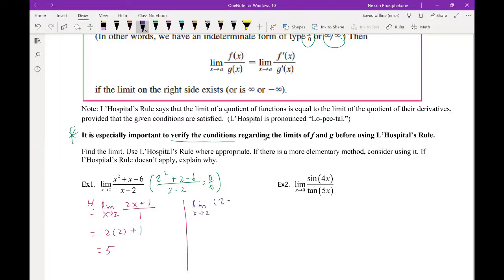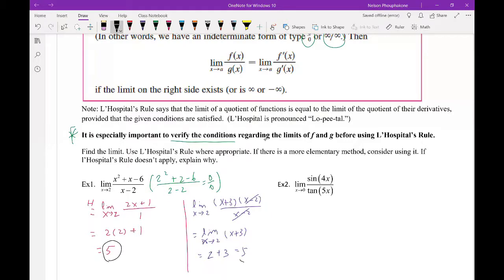So I will have 2x plus 3 and x minus 2 over x minus 2. Therefore, in this case, we have 2 plus 3, which is equal to 5. So you will see that we get the same result.